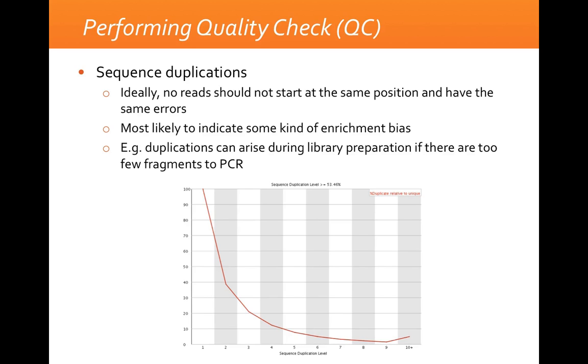Duplication levels are also possible to detect, and ideally you wouldn't like the reads to be duplicated. You would like to have as many unique reads as possible. If you have lots of duplication, that could indicate that there are some biases in your amplification.